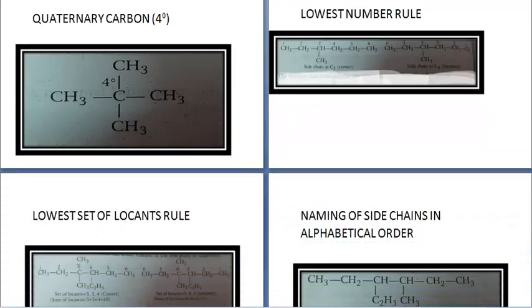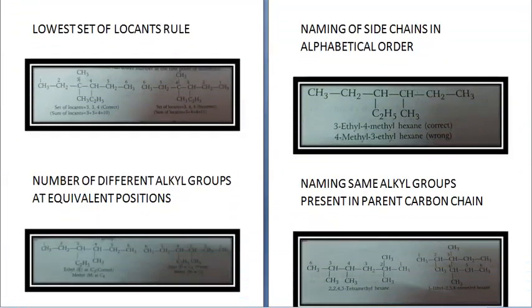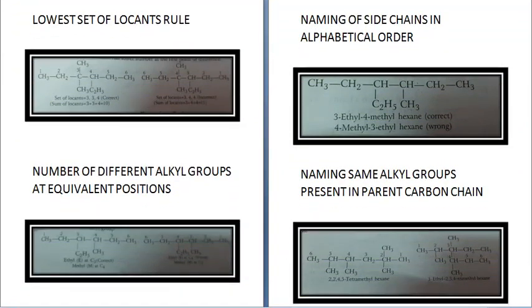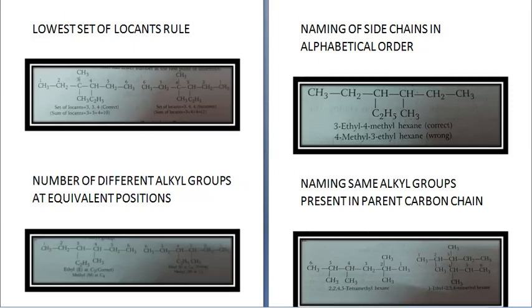Then you come to the next rule, that is the lowest set of locants rule. If there are 2 or more side chains, the parent chain is numbered from the end from which the side chain is nearest. It is called the lowest set of locants rule. Just now I showed you there were 2 side chains and we numbered from the side where the carbon number was the lowest. See, again I show you because that is a bigger picture.